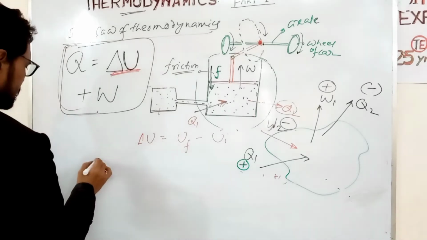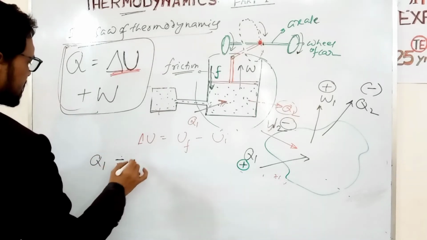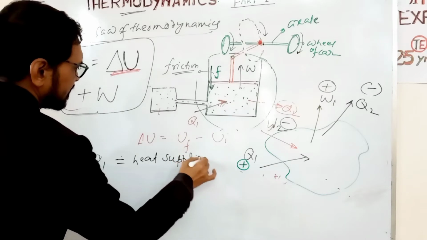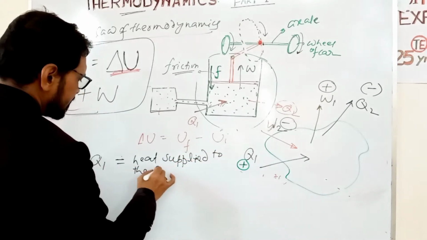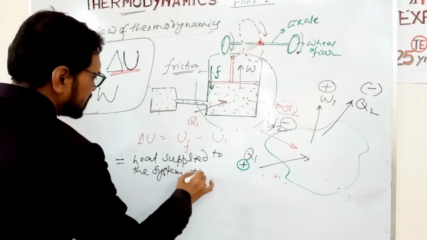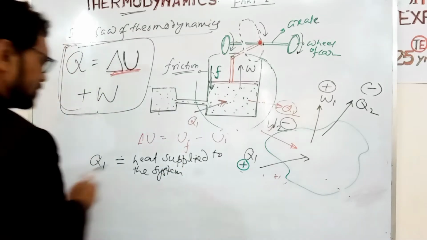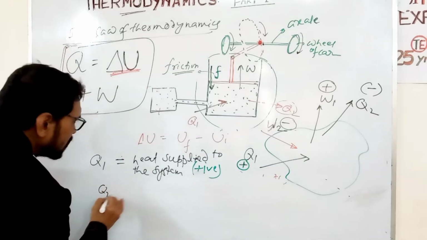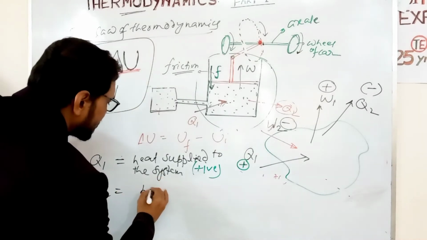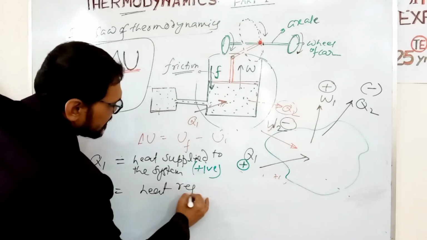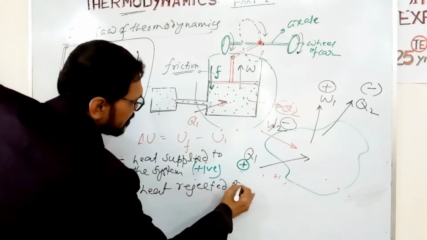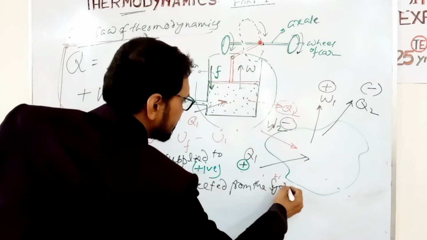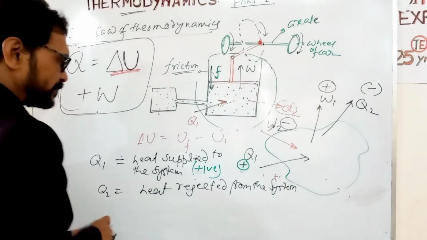So Q1 is positive. Q1 means heat supplied to the system. Q2, heat rejected from the system, we take negative.